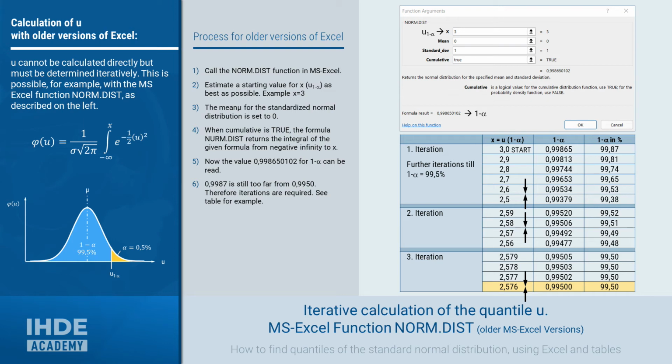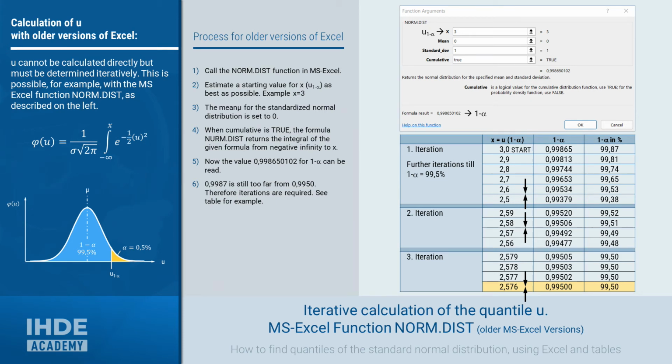As is known, for the standard normal distribution, the mean is 0 and the standard deviation is 1. The cumulative field must be set to true. Then the formula NORM.DIST returns the integral of the given formula from negative infinity to x.